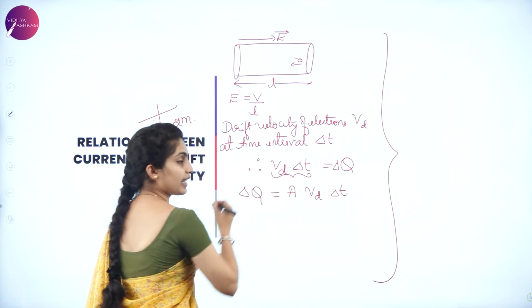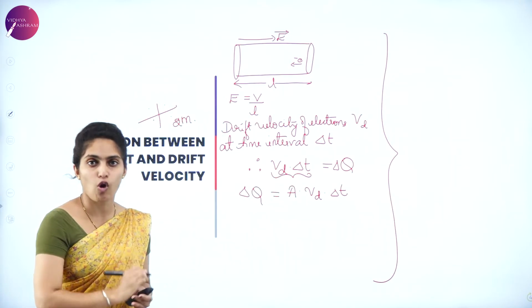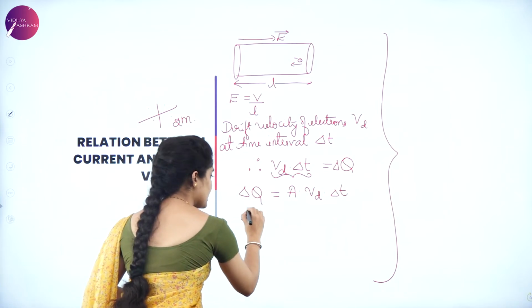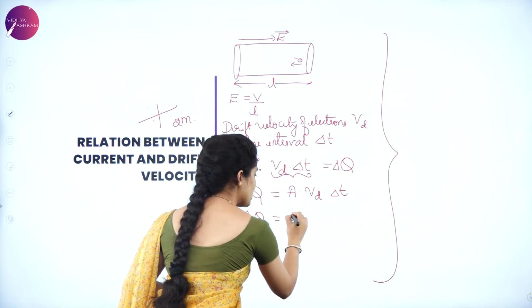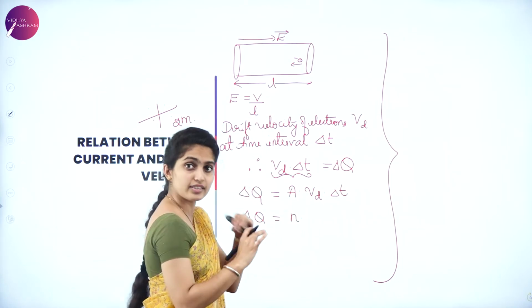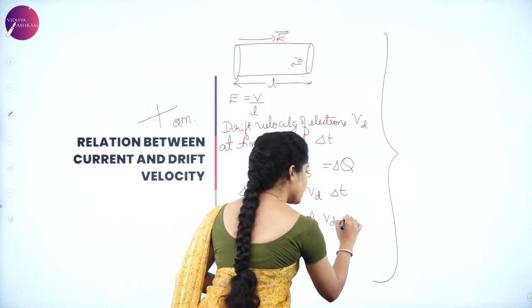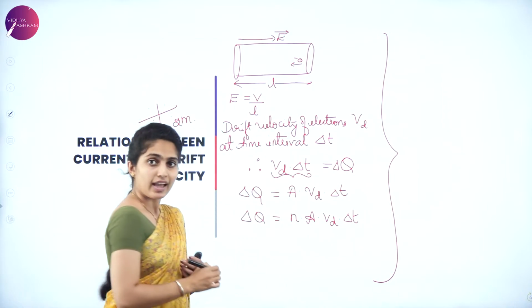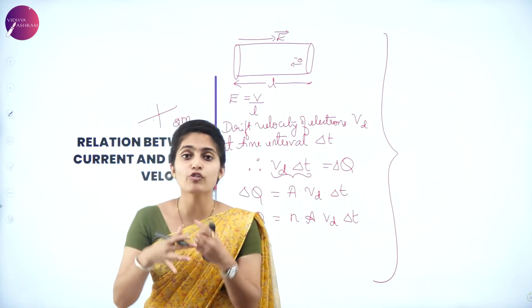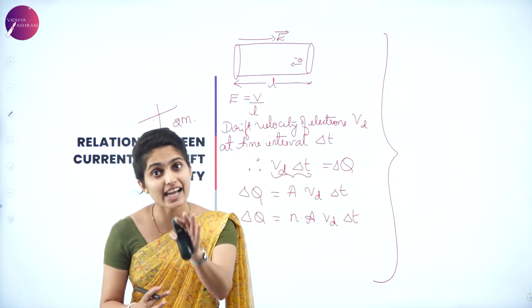And in this area, there is n number of flow of electrons. We don't know what the number is, so I will just take n as the variable: N into A into Vd into delta T. And what is that n? N number of which charges? That is the electrons.